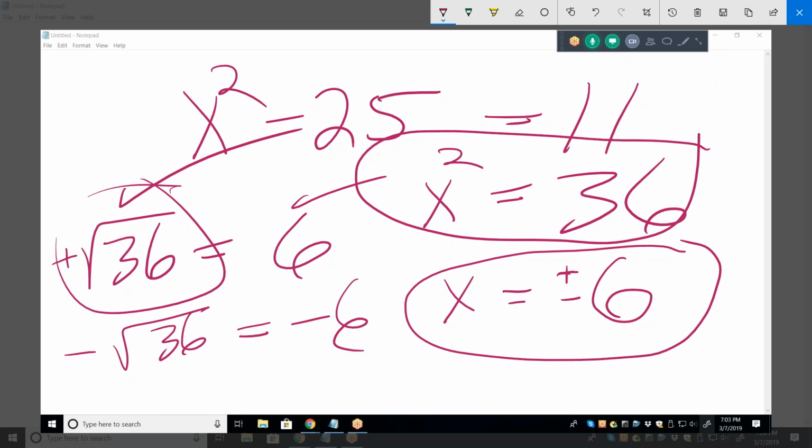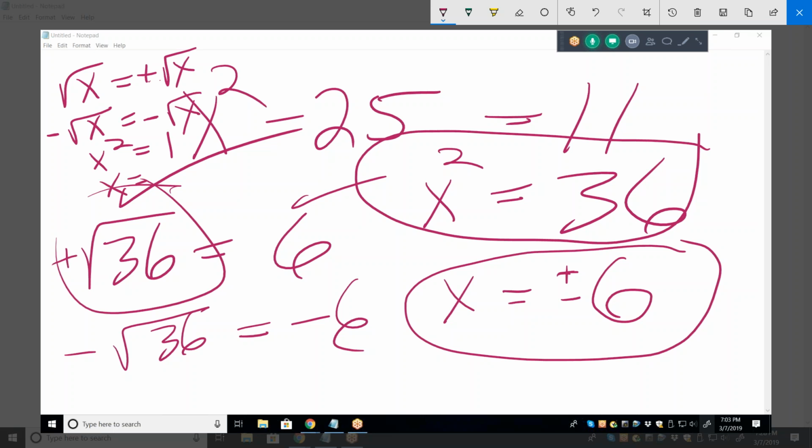Math has dictated that when I say radical x, that means positive square root of x. If I want the negative square root of x, I'll say that. But if I say x squared equals 1, then x equals plus or minus 1.